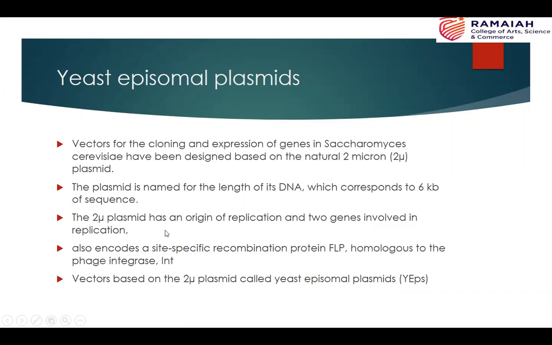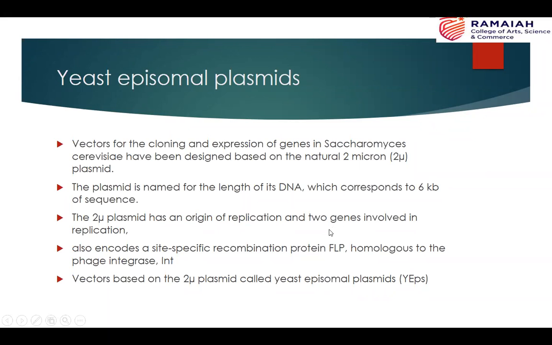This 2-micron plasmid has an origin of replication. What are all the sequences present on this 2-micron plasmid? It has an origin of replication, and there are also 2 genes present which are involved in replication. In addition, this plasmid also encodes a site-specific recombination protein FLP.